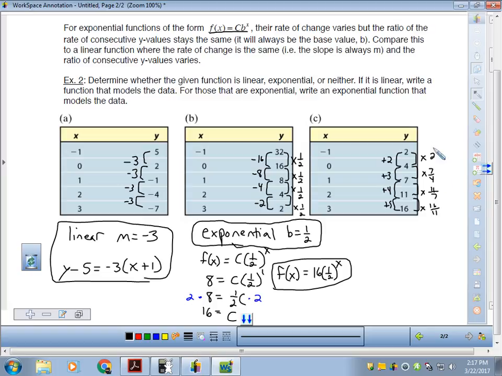Is it multiplying by the same number every time? No. So it's also not exponential. So if it's not linear and it's not exponential, then it's neither. And luckily for neither, we don't have to find anything else. This is all we had to find, that it was neither. Okay? So you can determine whether or not a function is linear, exponential, or neither.